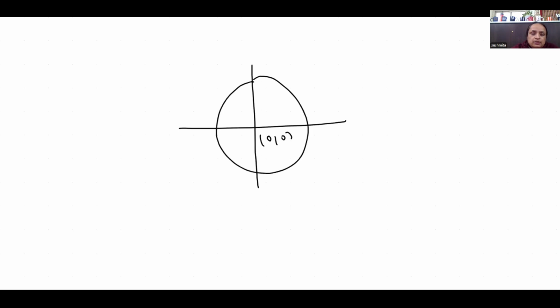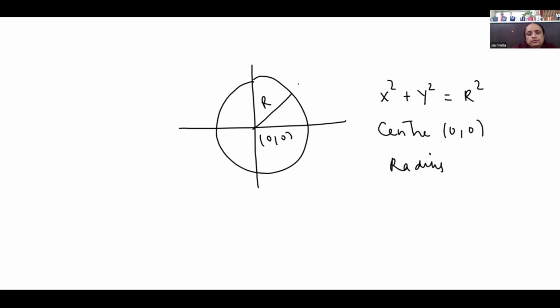So I'll basically introduce you to the equation of a circle. The equation of a circle where the center is 0, 0 and the radius is r would be given by x squared plus y squared equals r squared.